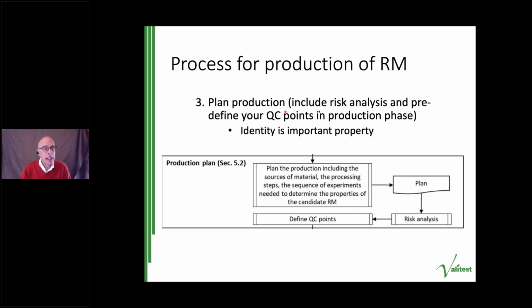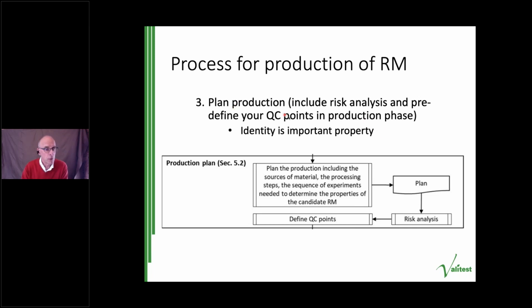And that planning includes a risk analysis and defining the points where you need to perform your quality control during your production phase, right? Obviously, identity is probably the first thing to start with: if you start producing your reference material, you need to make sure that you are actually really working with the correct material, right?